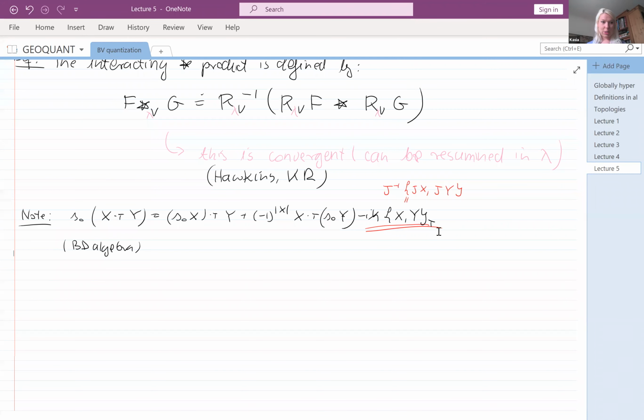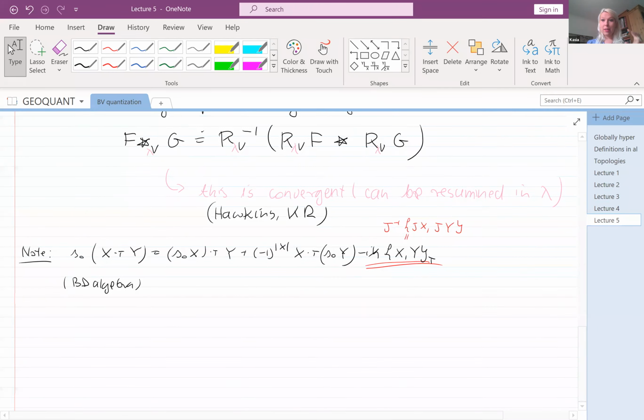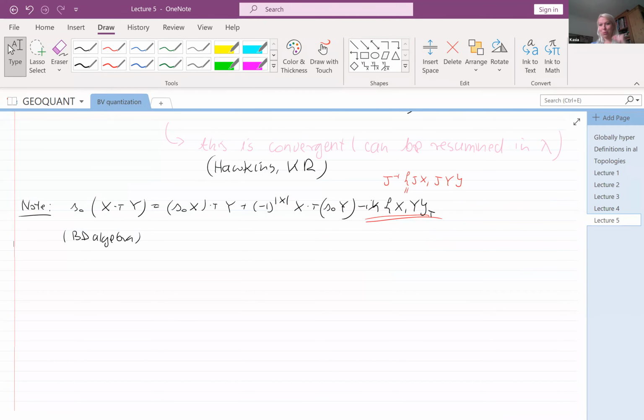That's one observation. Another observation is, let's try to untwist everything. We know that this time-ordered product is related to the pointwise product via the time-ordering map T. So now let me untwist the product and twist the differential.